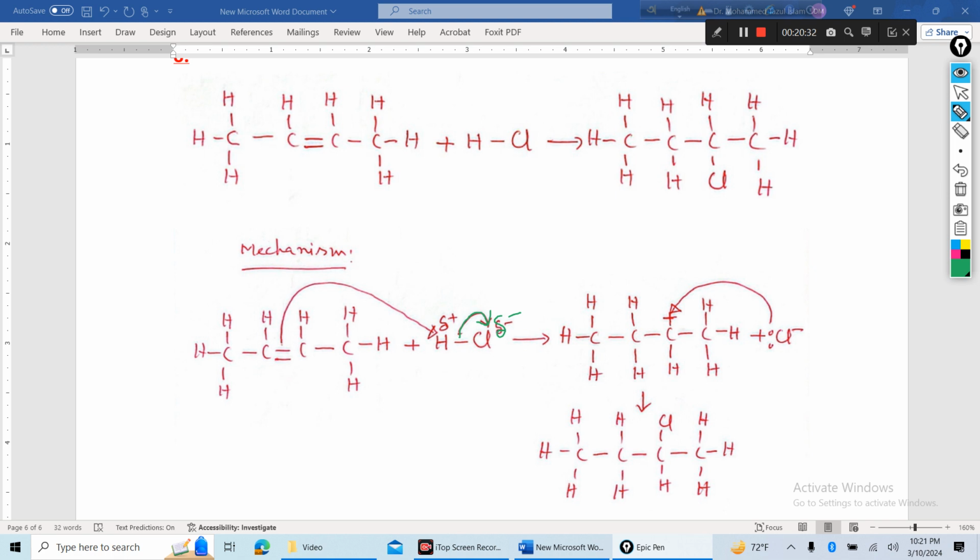Then chlorine takes both sharing electrons to form chloride ion, and butene gives its pi electron to the positive hydrogen and makes a bond with the left-hand carbon of the carbon-carbon double bond, this bond, and the right-hand carbon becomes positive. Now the chloride ion gives its lone pair of electrons to the positive carbon.